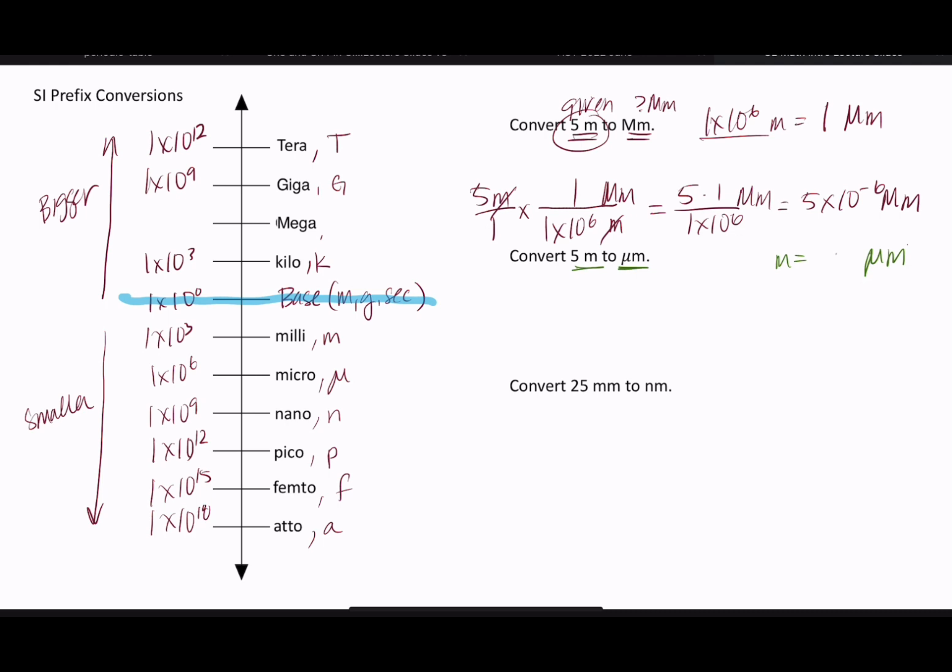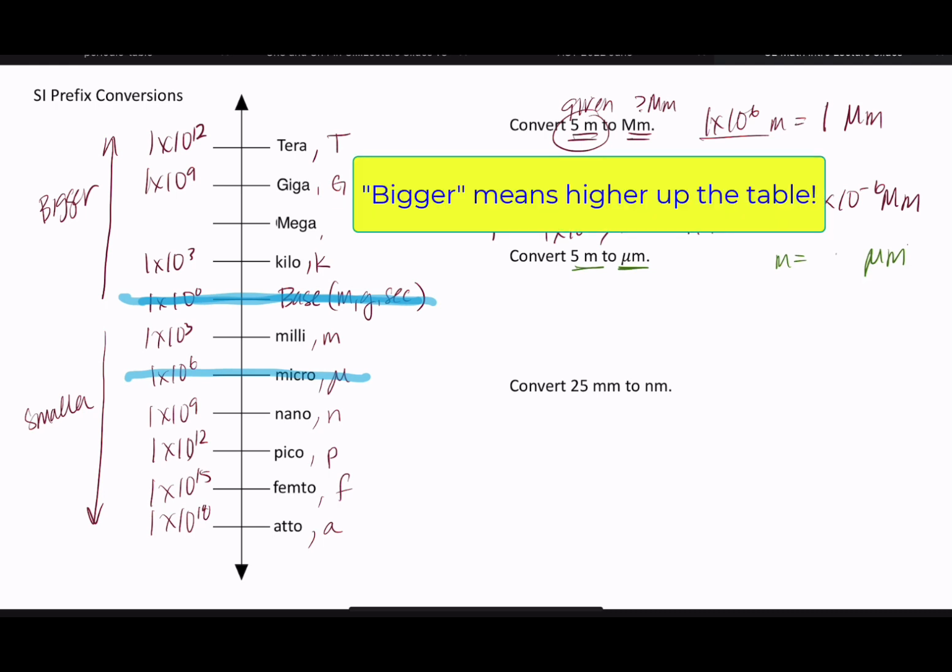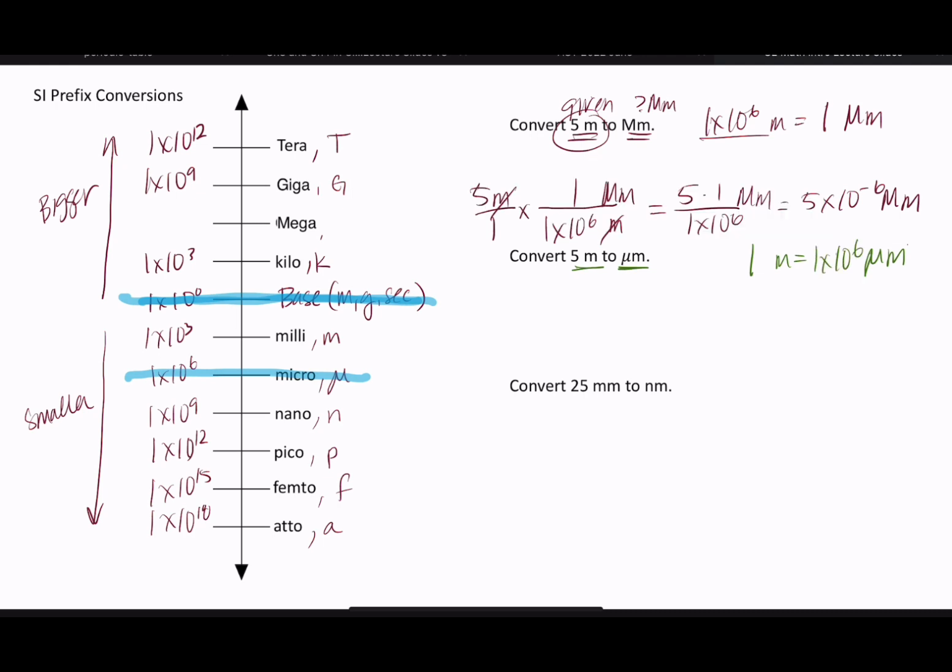We've got the base unit right here, and we need to find micro, which is down here. So which of those is bigger? Because step 1 is find the bigger unit. The bigger unit is meters in this case. The exponent is 10 to the 6th. So this says there are 1 million micrometers in 1 meter.